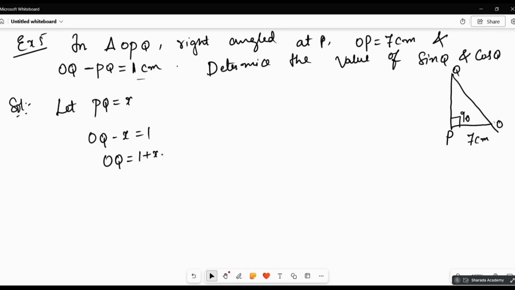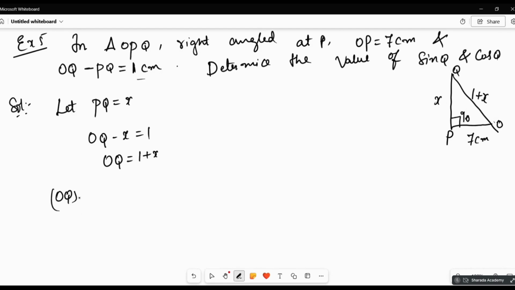Okay. Now here we have to find sine Q and cos Q. So that means what? We need all the sides of the triangle, then we can find it. So one side OQ is what? 1 plus X. And PQ is X. Now apply the Pythagoras theorem.